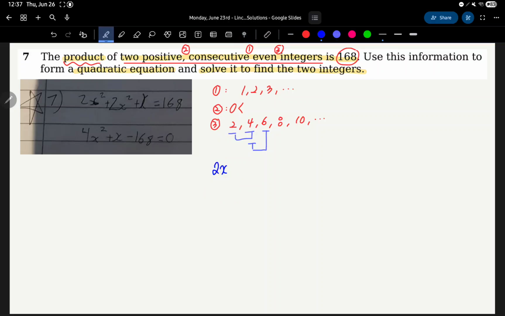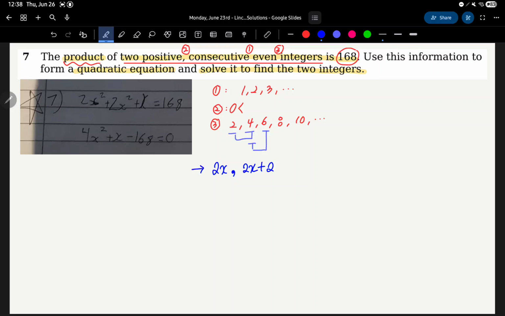So coming back to this problem, if we set the first integer as 2x, what is the second integer going to look like? It's going to look like 2x plus 2. You get it? Because if we do 2x plus 1, first of all, it's going to be an odd number, right? So it doesn't fulfill the conditions that we're looking at here. So it's going to look like these two.